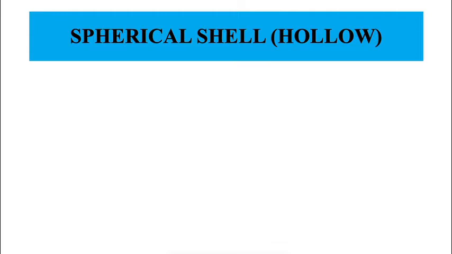If I consider a spherical cell, let us assume that the cell is hollow. Essentially the cell is made up of conducting material and it is in the form of a nice sphere of radius a.